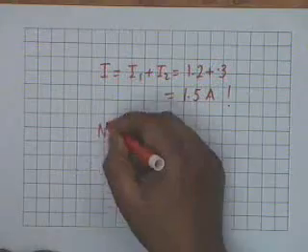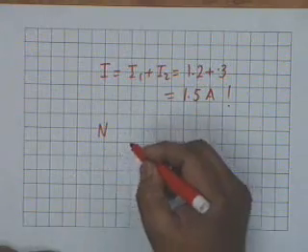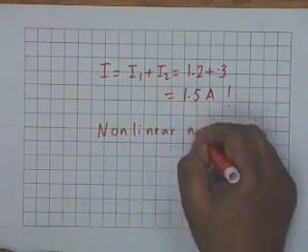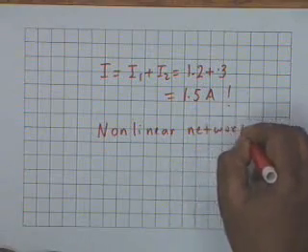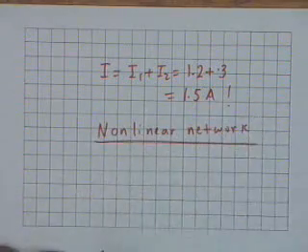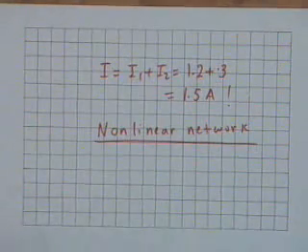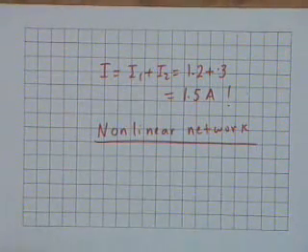Next we consider, we have talked about linear network. Let's see what happens if we have a non-linear network. And to keep life simple, we first consider a nonlinear one port.